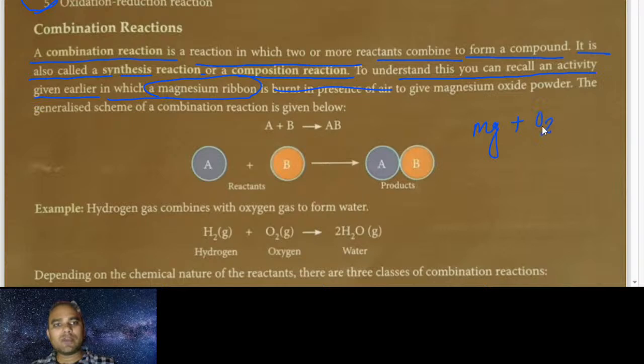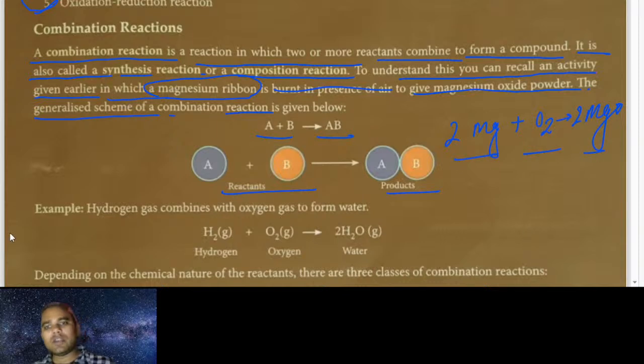It gives 2MgO, magnesium oxide powder. The general scheme for the combination reaction is A plus B giving AB, where A and B are the reactants and AB is the product. So Mg plus O2 gives MgO.